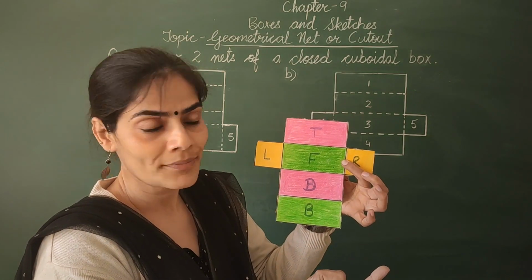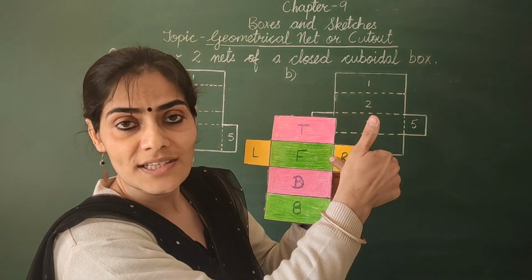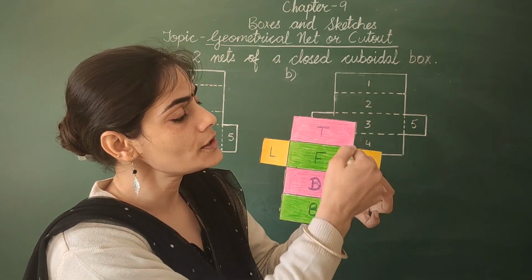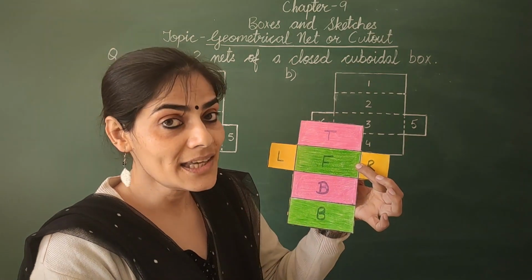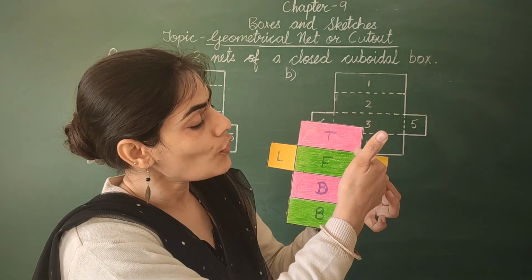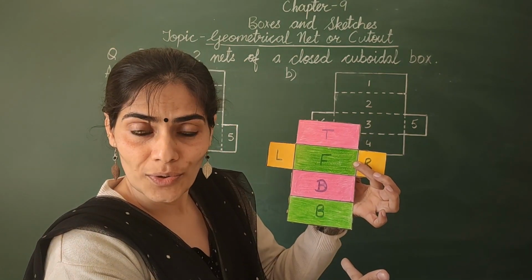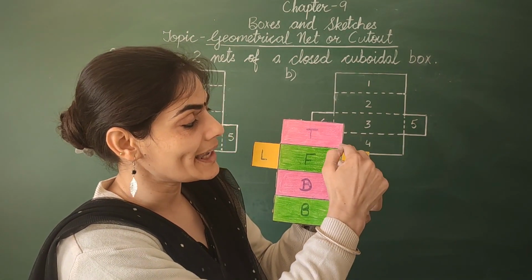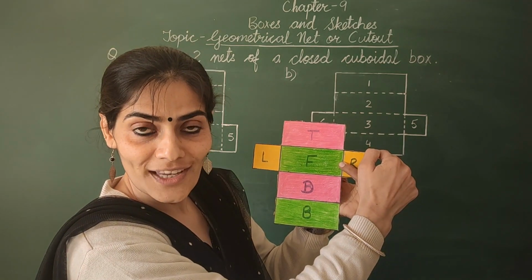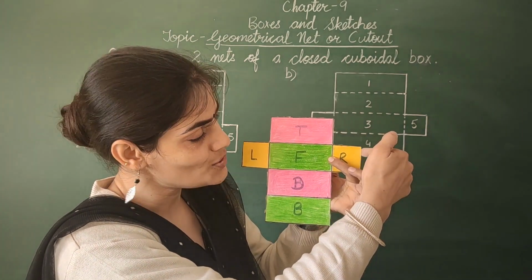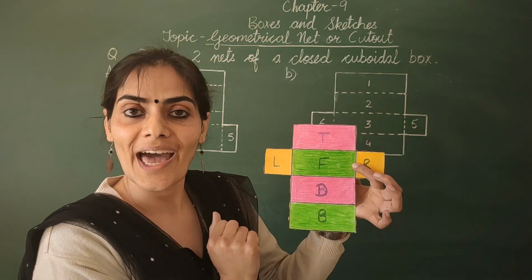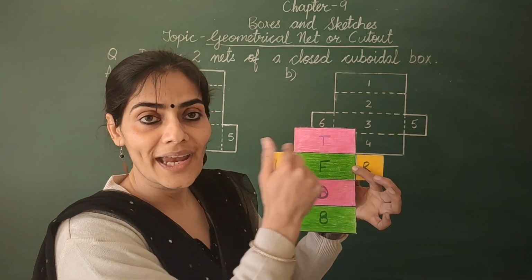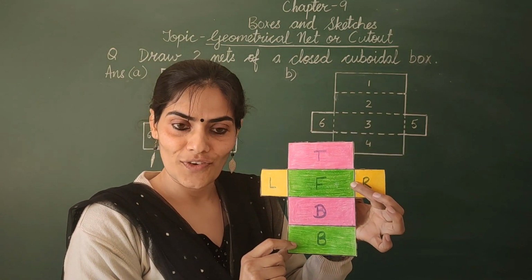And the breadth of the side face will be equal to the breadth of face 2 or face 4. But here, the breadth of all the faces are equal. And that is why the length of the side face is also equal to the breadth of the side face, and that is why we have got squares as its side faces.